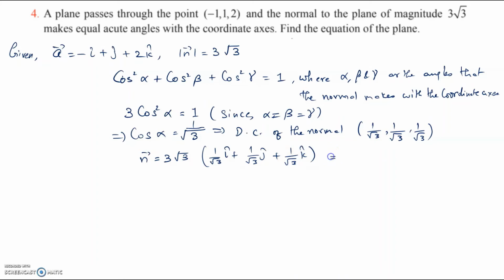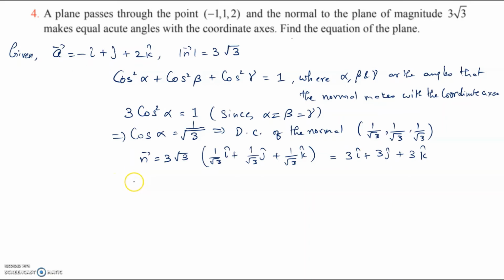So simplifying this, this will be 3 i cap plus 3 j cap plus 3 k cap. So we have found the normal, and we also found the vector A, which is the position vector of the point which is on the plane.